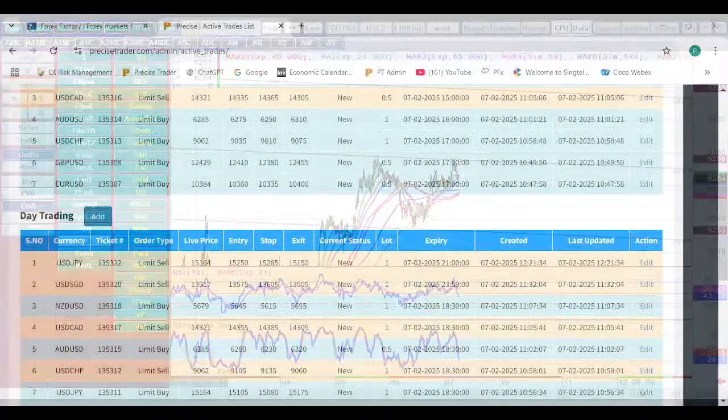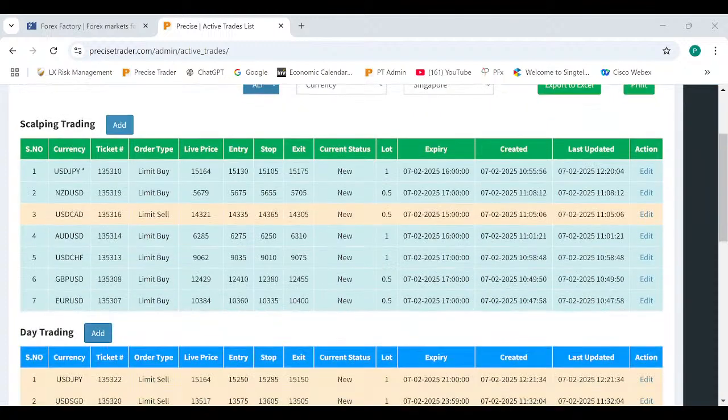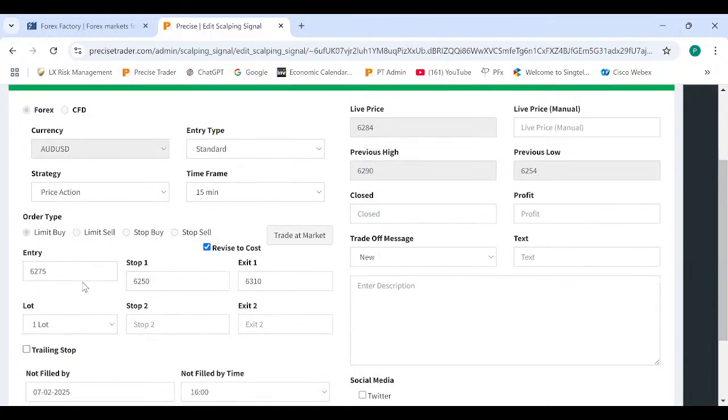Okay, so let's see what we have given. We are trying to buy at 75 and 63.10, and this is one lot. What we can do is bring this down by 10 pips.